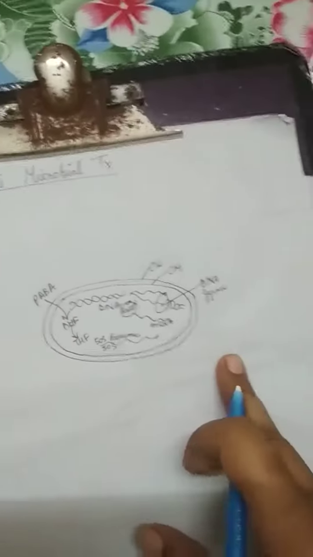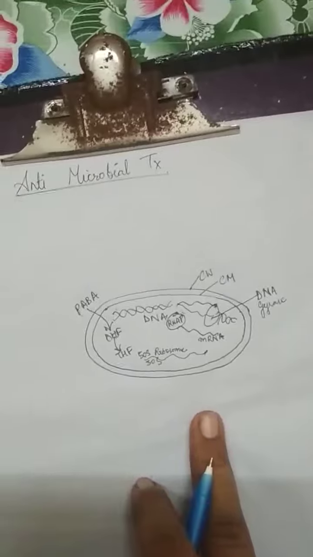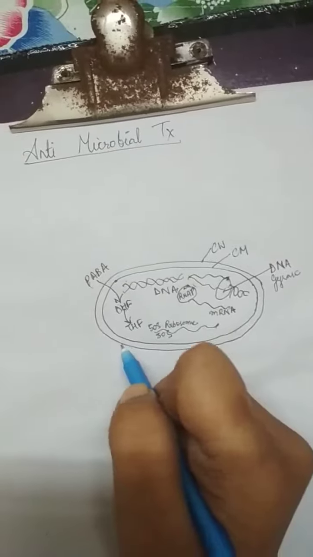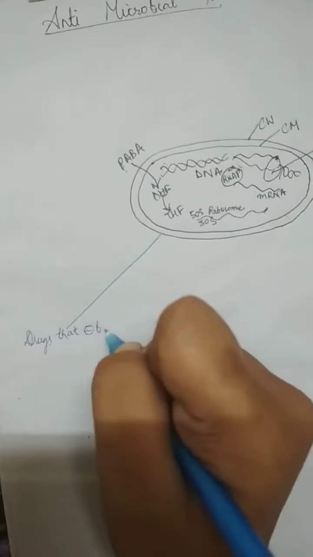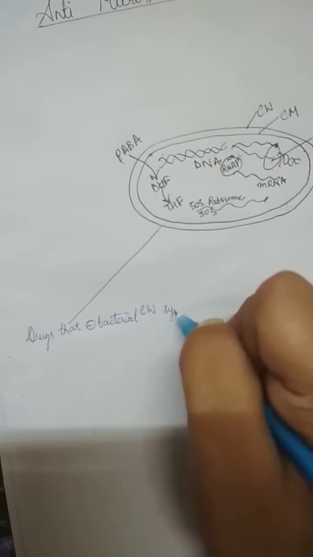So let's have a look at the antimicrobial drugs which are used to target these components. So the first one will be on the bacterial cell wall, which will be inhibiting the cell wall synthesis. So here I write drugs that inhibit bacterial cell wall synthesis.